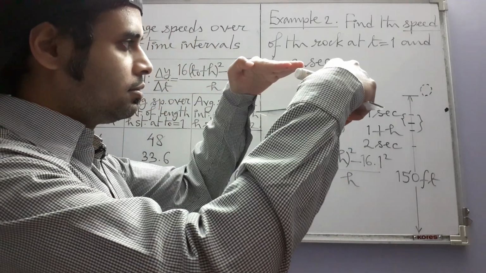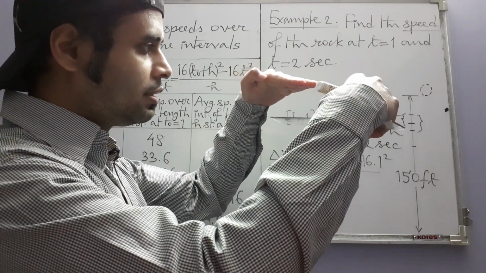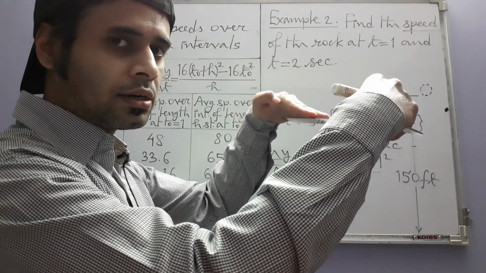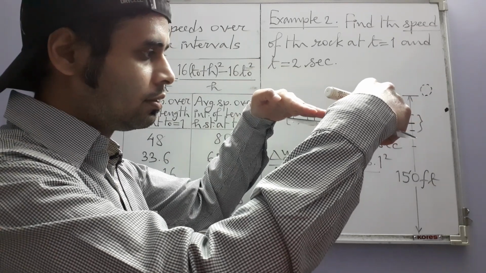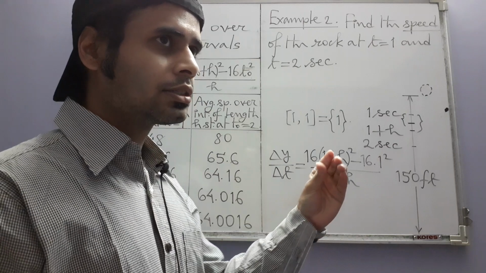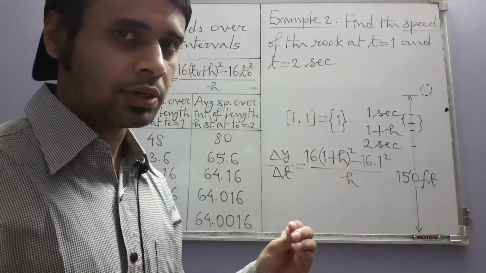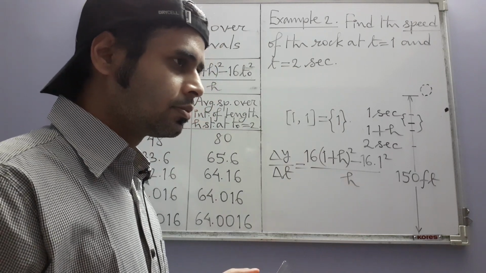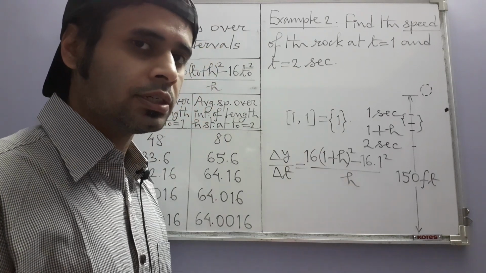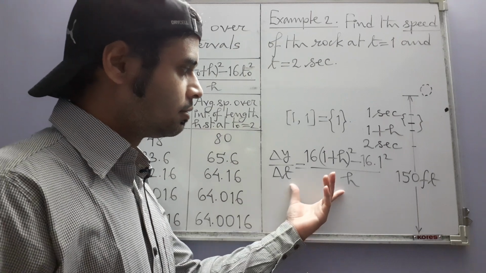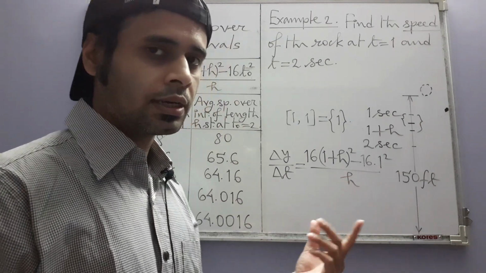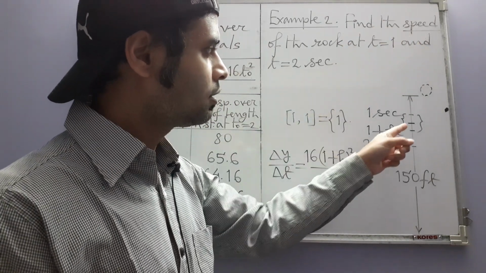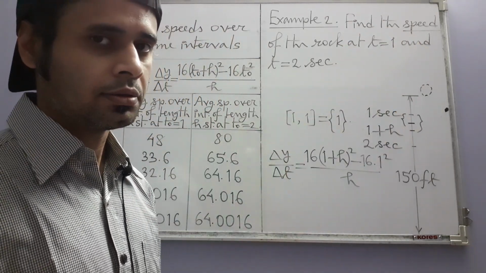So the intervals are being made shorter and shorter, so that they are tending towards a point, a single instant of time. Correspondingly, the average speeds also may be approaching something, and intuitively we can say that that something should be the speed of the rock at the instant 1 second.